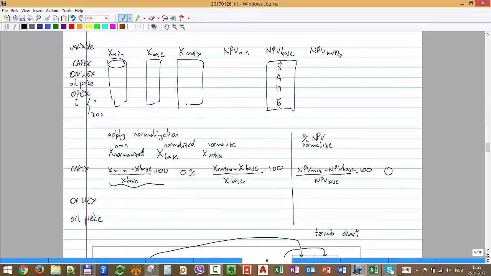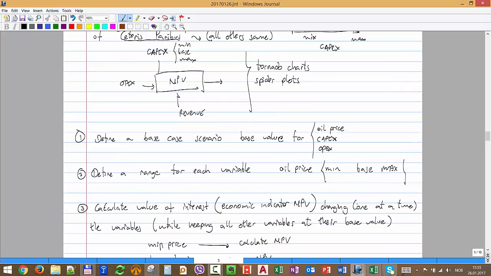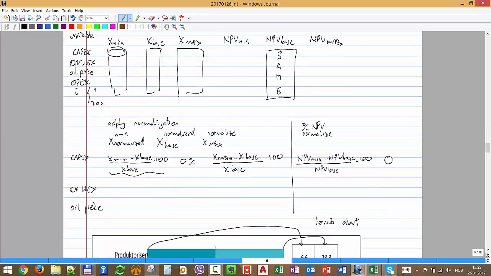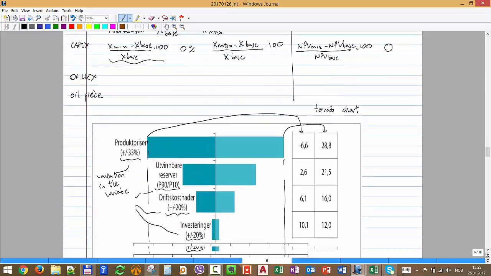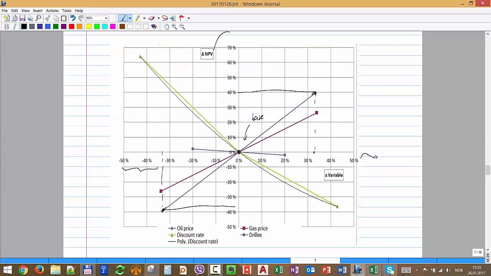Then we talked about one kind of analysis that we make for the NPV, which is sensitivity studies. That's really against what I told you in previous classes, that we don't take a distribution of each parameter, but we just take the base, minimum, and maximum. And we use the ceteris paribus principle: change one, keep everything else constant. We can use tornado charts and spider plots, and remember, to plot we have to normalize.